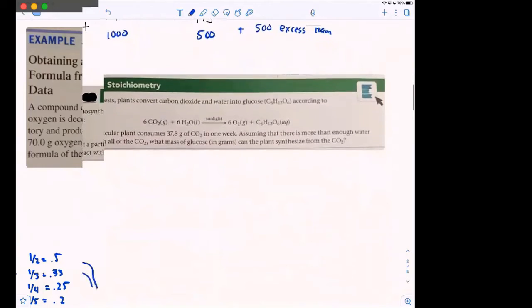So let's start with a limiting reagent problem here. And this is an example of one where you have excess, meaning it's not difficult to figure out what the limiting reagent is. So during photosynthesis, plants convert carbon dioxide and water into glucose according to the reaction.